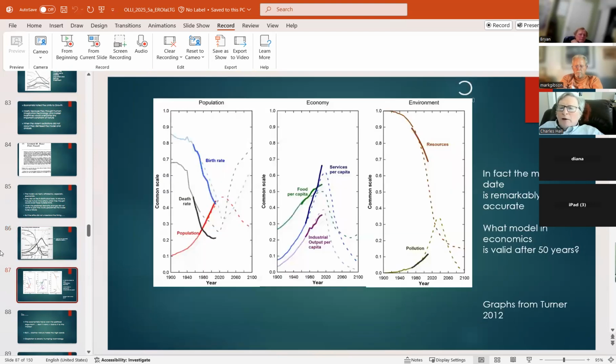And so when various people, including myself, looked at the predictions of the economy, the predictions of the model done in 1970, they were pretty good so far. And that's almost up till today. So is this model correct? Is the limits to growth model correct? Well, we don't know yet. But in many ways, it's right on the money.